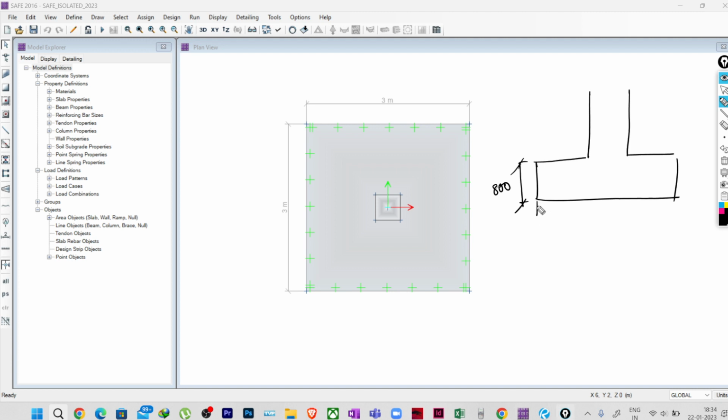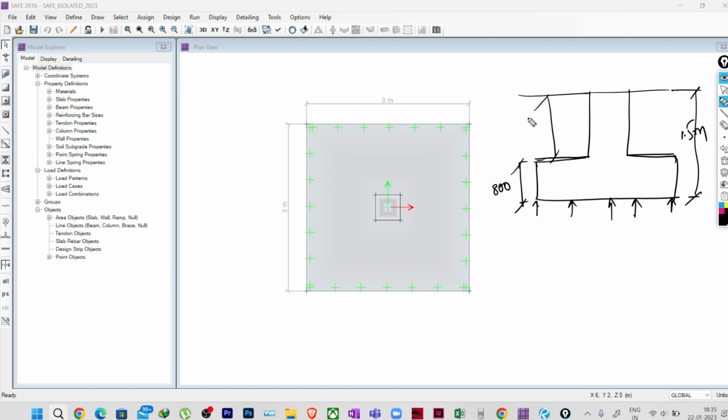And here if you see, we are getting the pressure. Now what I have explained earlier is that the total depth we considered is 1.5 meter, and we have 800 mm footing depth.